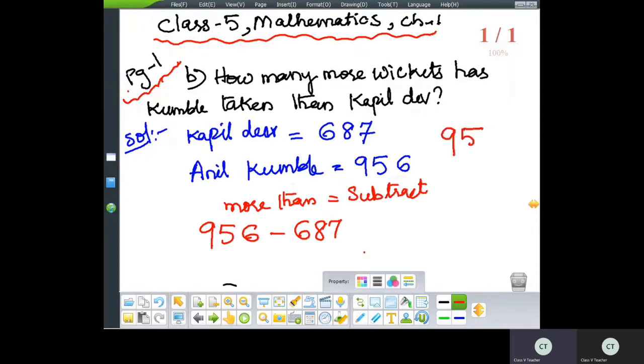Write the numbers below each other. Both are 3-digit numbers. Ones place on one side, then tens place, hundreds place. Firstly, will 6 go in 7? No. So 6 will not go in 7.